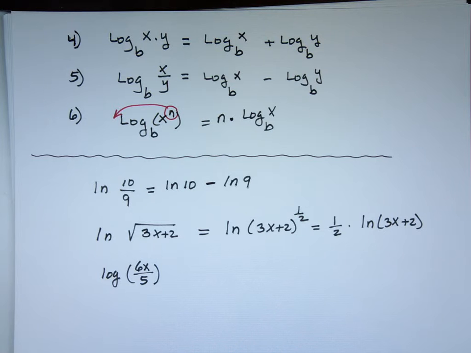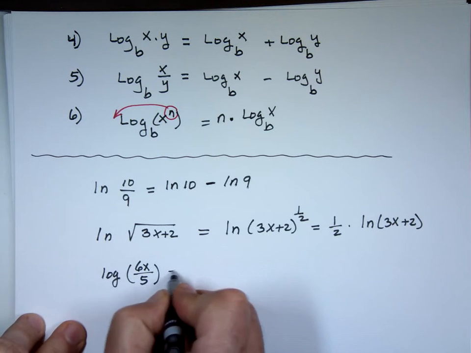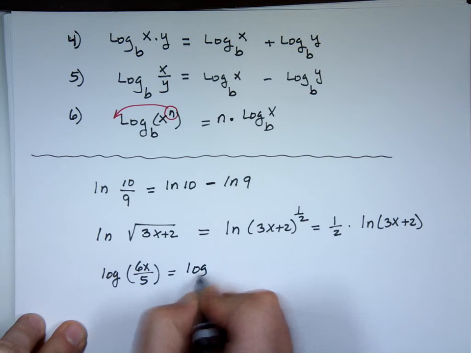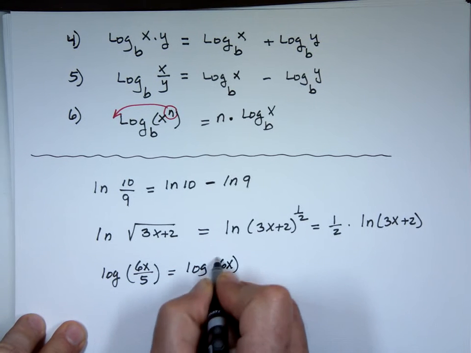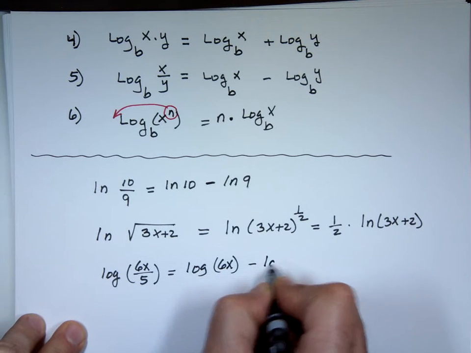What's the log of 6x over 5? The log of 6x over 5 is what? That's a fraction, the log of 6x minus the log of 5, right? Are we done with that?